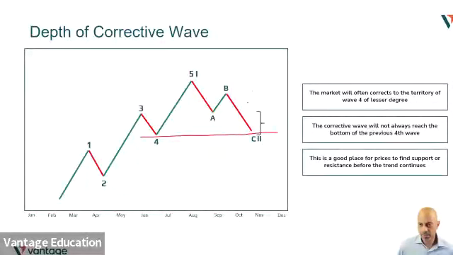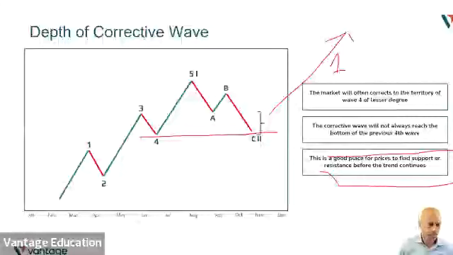And if this is still part of a larger move that's going to go up, that means you're going to start a new wave 1 here. It's good to know that you can use the ending point of wave 4 to help you identify the potential ending point or zone for wave C. Once again, this is a good place to find support or resistance, right?